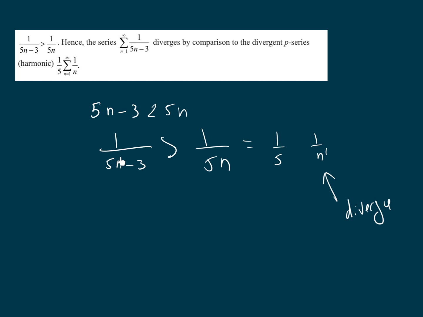Now, this series is greater than one that diverges, so this series diverges. And the problem is done. Of course, if 1 divided by n diverges, 1/5 of 1 divided by n also diverges. So let's go to the next problem.